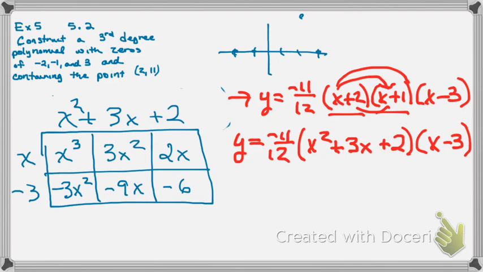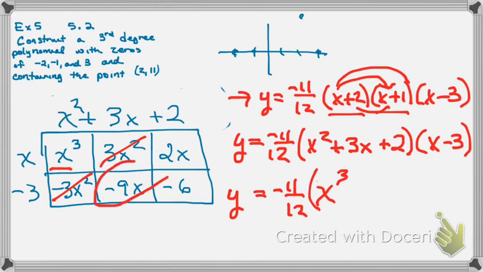So now, when I put those together, I'm going to have y equals negative 11 twelfths times what? What's my first term? x cubed. Now my x squareds look like they cancel out, right? But do you still need to write them? Nope, because negative 3 and positive 3 give you 0, so we don't have to write those in there.